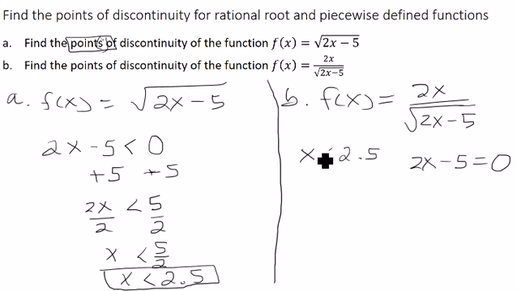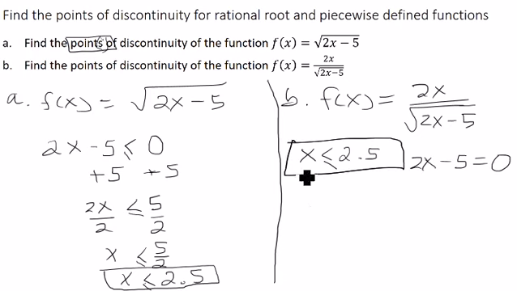Now you can do both the cases together by solving the loose inequality, with the less than or equal sign. So if you put the less than or equal sign there, you end up with x less than or equal to 2.5, and that's going to be your answer.